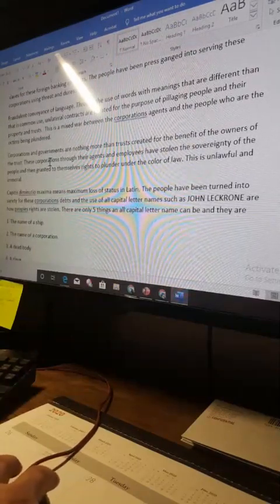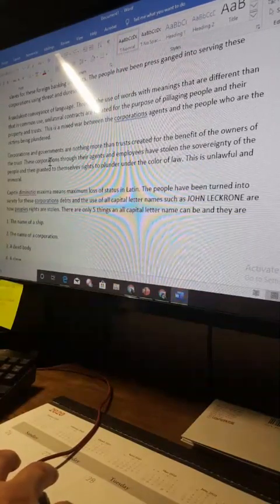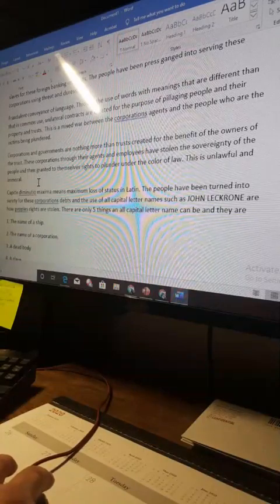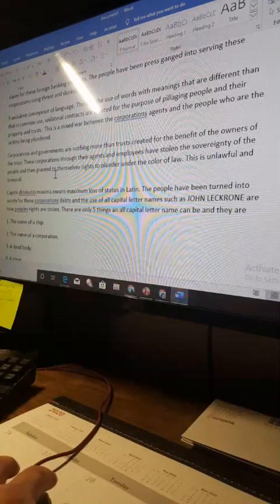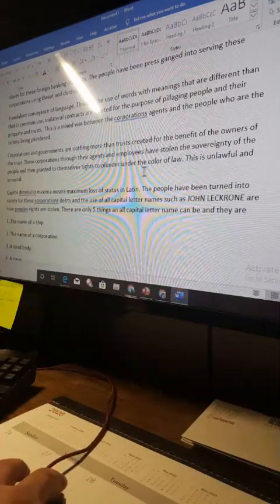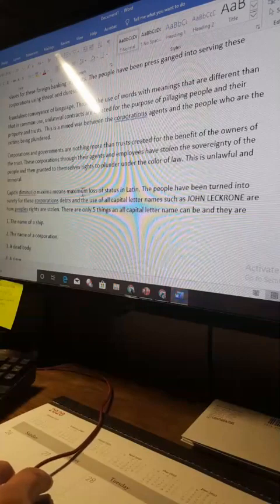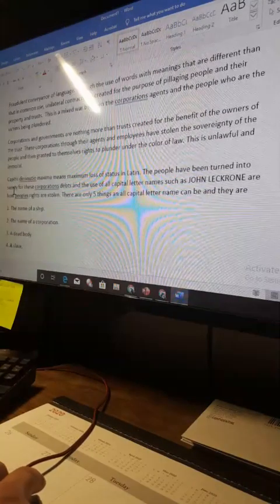Corporations and governments are nothing more than trusts created for the benefit of the owners of the trust. These corporations, through their agents and employees, have stolen the sovereignty of the people and then granted to themselves rights to plunder under the color of law. This is unlawful and immoral.